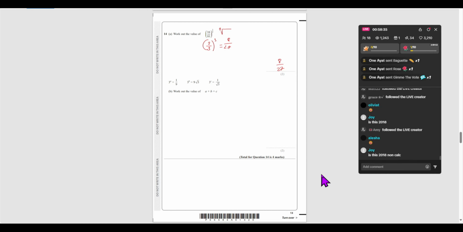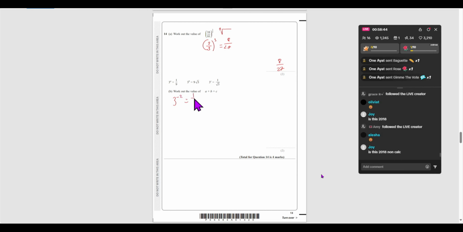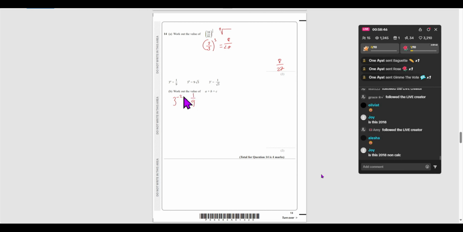Now we can easily find out that 3 to the power a will be 1 over 9, right? Because if we do 3 squared, you'll get 9, and a negative index means a reciprocal, so we know that a will be minus 2.